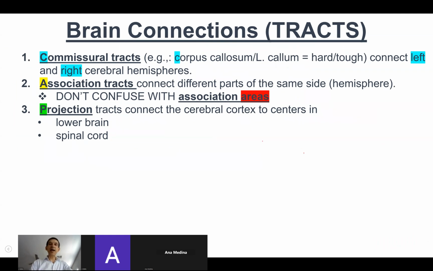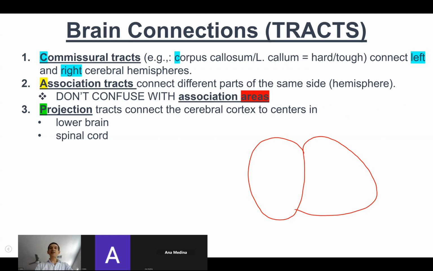The brain has the right side and the left side, and they are connected. All the white matter axons bundled together within the brain are called tracts. They're like nerves, but within the central nervous system.